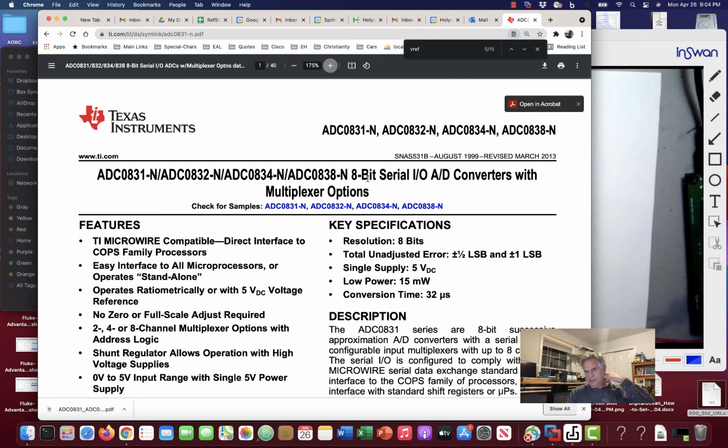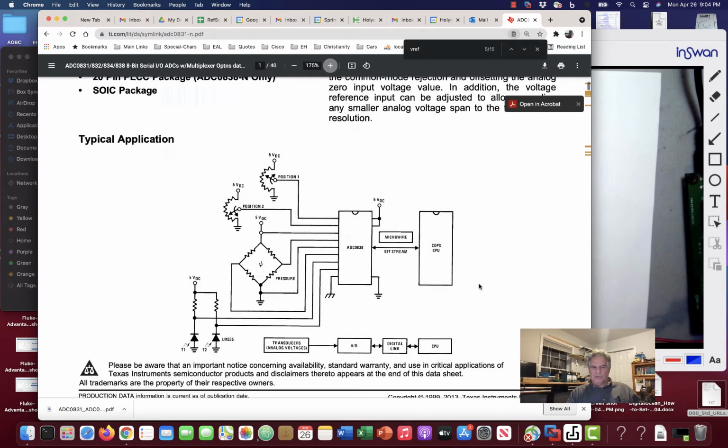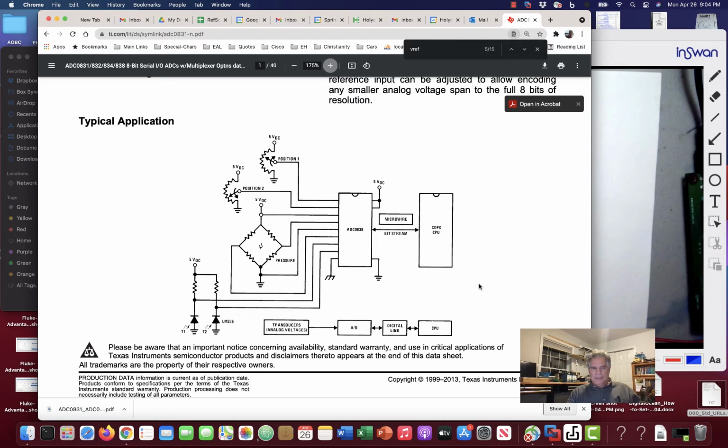So it's called 8-bit serial I/O, A to D analog to digital converters with multiplexer options. Now, we don't have any multiplexer options because we're using the simplest one with a single input. And we're going to have a situation very much like this one.